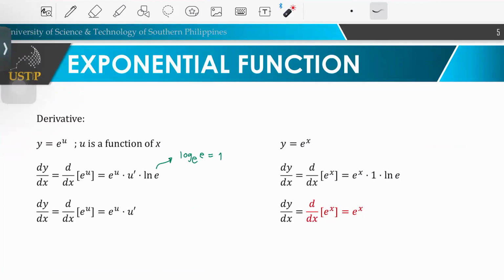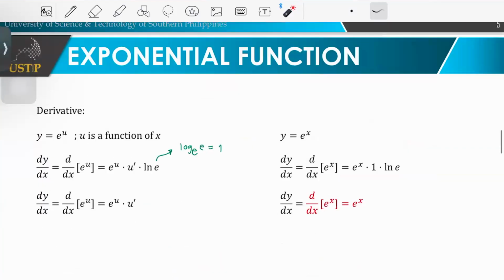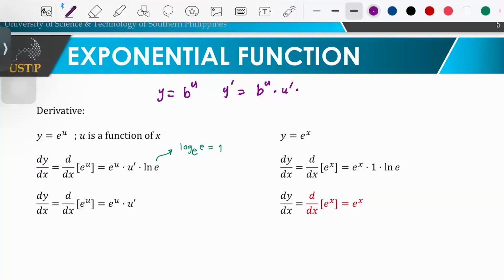Let's move on to the special na dayon nga function, which is the natural exponential function. So, kani siya, kato ganina, and then the derivative would be copy b to the u times u prime times ln b. Okay?